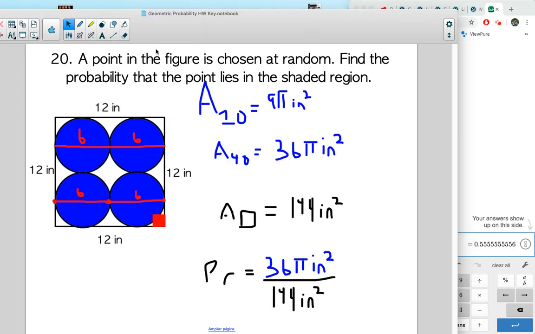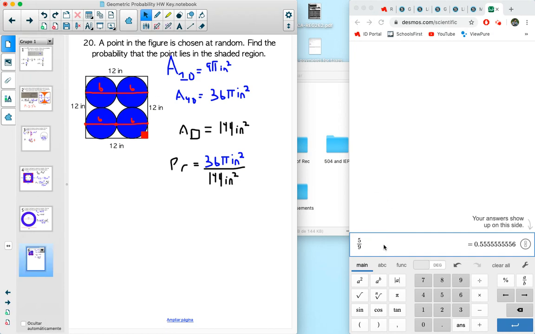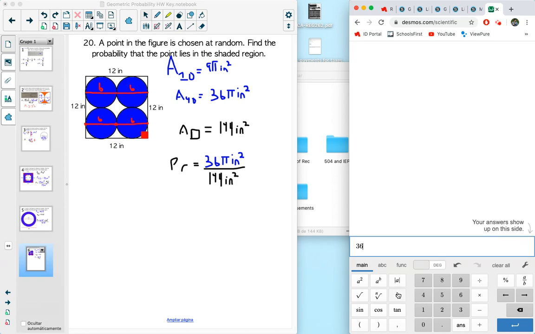Okay, so last part, let's go ahead and put this in a calculator. 36 pi, I'm using pi, I'm not approximating, divided by 144. All right, so the probability is 0.785 or 78.5%.